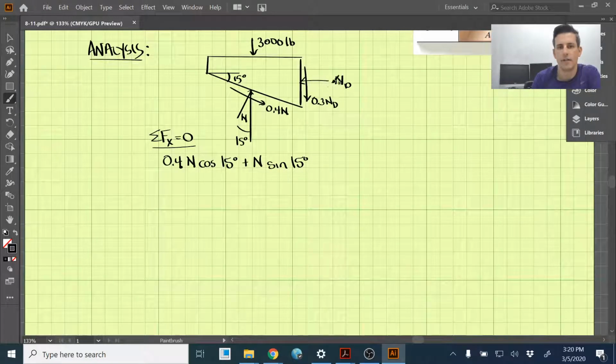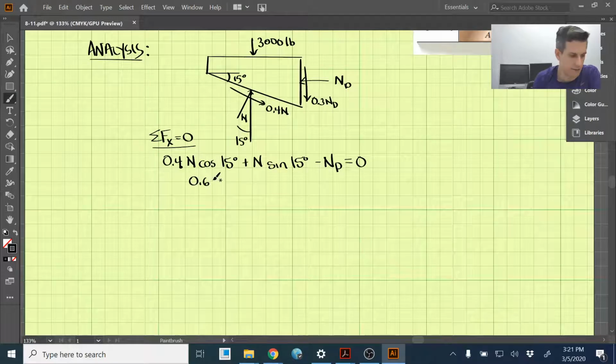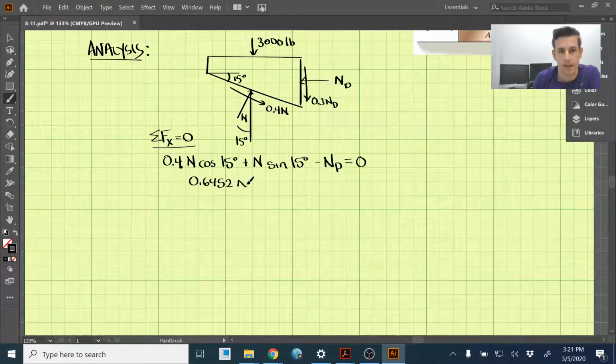And then we have ND pointed in the negative direction, and that should be all the forces in the x direction, set equal to 0. If you multiply these out, this turns into 0.6452 N minus ND equals 0.